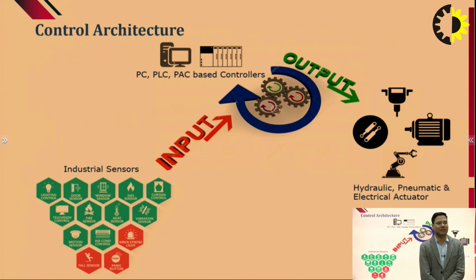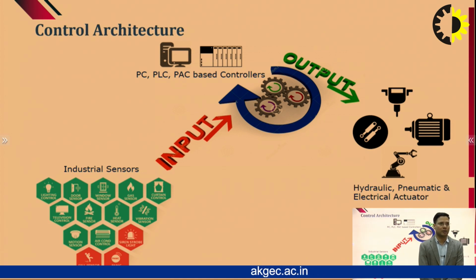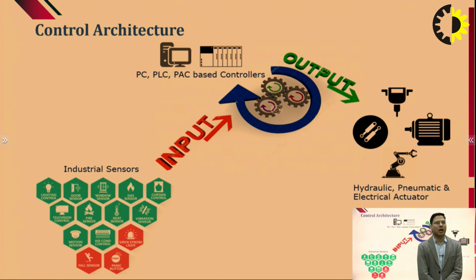So these are the industrial sensors which work as devices to provide input, and then this input is being compared with the industrial controllers, programmable automation controllers, or the programmable logic controllers. The output from these controllers is then put to the next level, which is known as the act level or the actuation level.